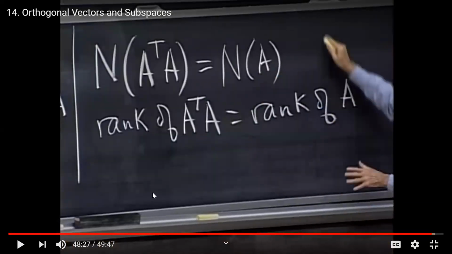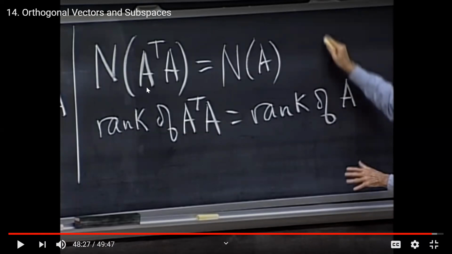So what we can say is that for invertibility, you know that we can declare a matrix to be invertible only if its null space contains only the zero vector. If the null space has more than the zero vector, then that particular matrix is not invertible.